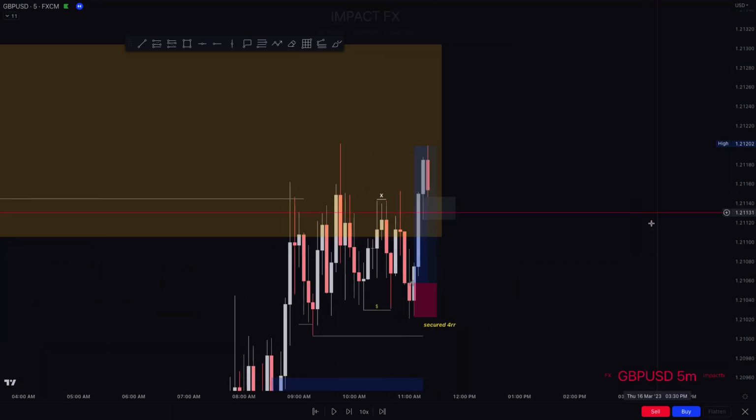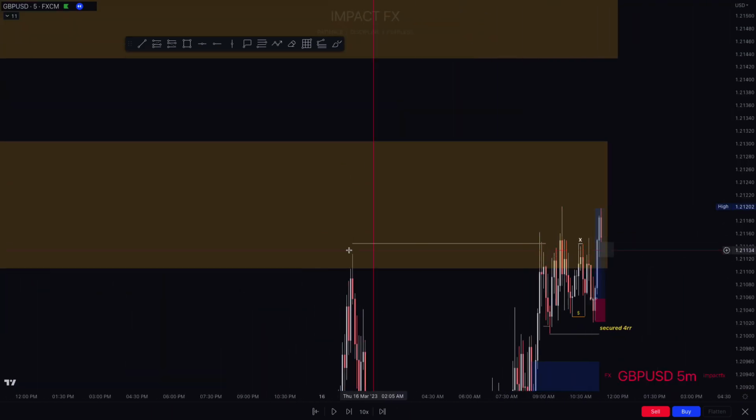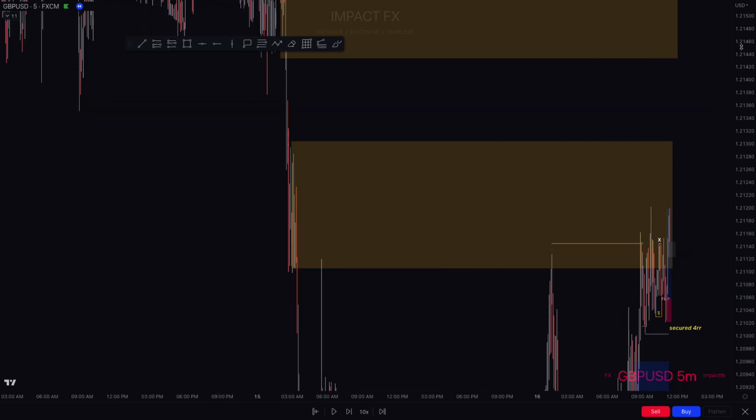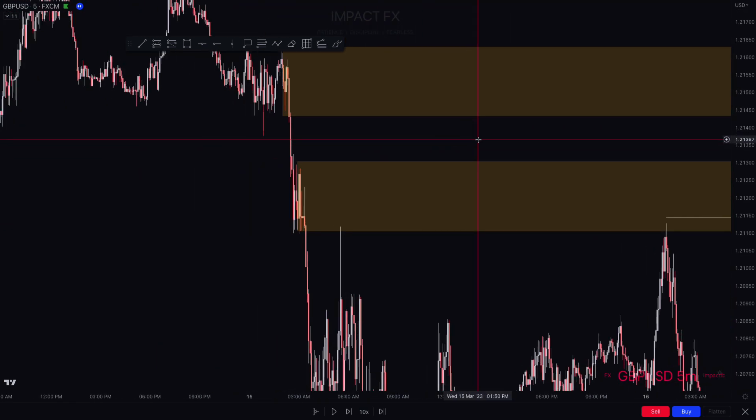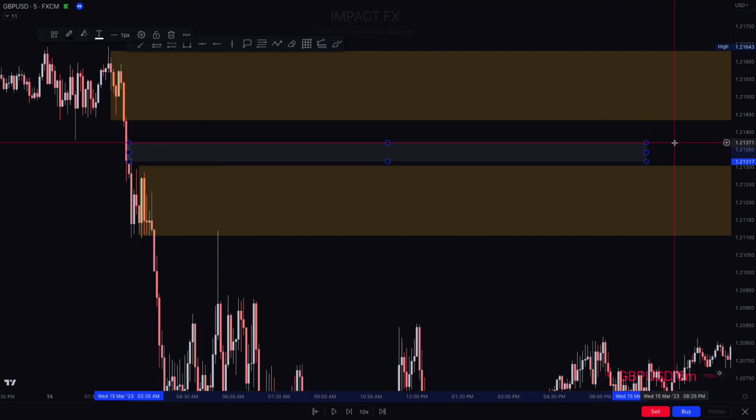So if we go to the 1 minute, you can see here that there's a sell to buy. Price is still, if we go over to here, we still have this overall flip right here.